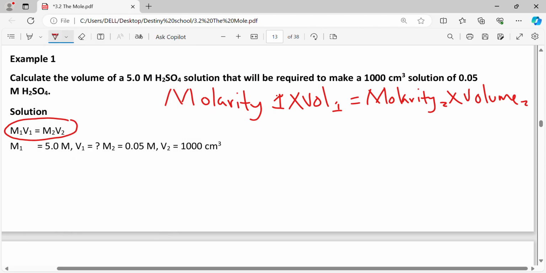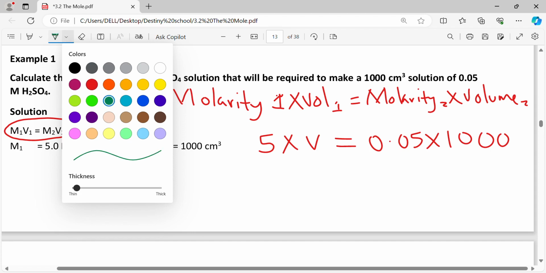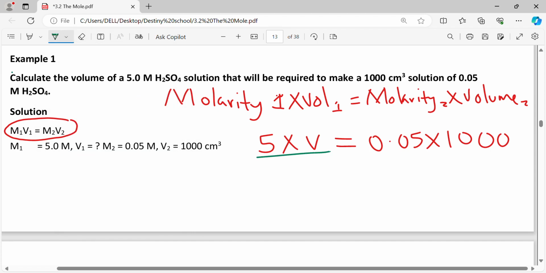So now you just substitute and multiply. Molarity 1 is 5 times what we want, V, is equal to molarity 2, 0.05, times volume, which is 1000.